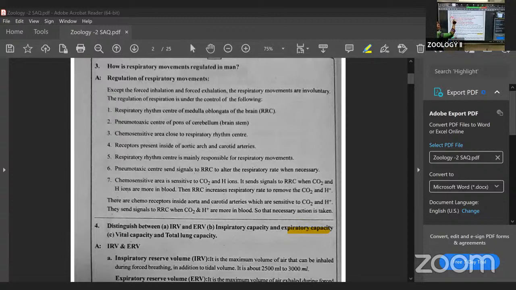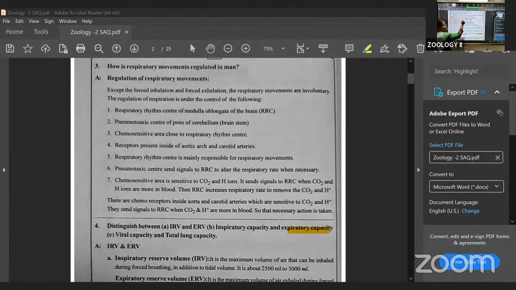The first is called the respiratory rhythm center, which is located in the medulla oblongata of the brain. Next, the second one is called the pneumotaxic center.